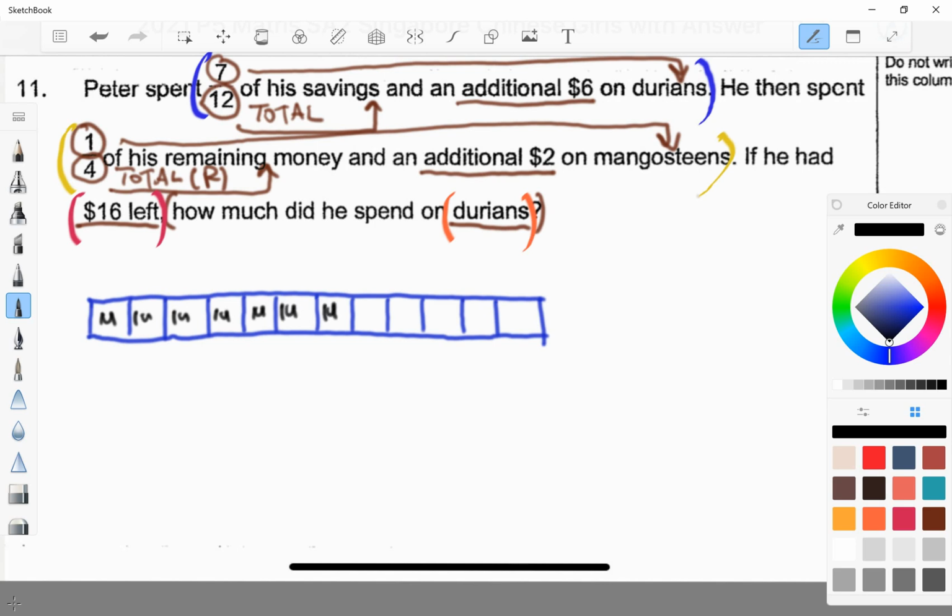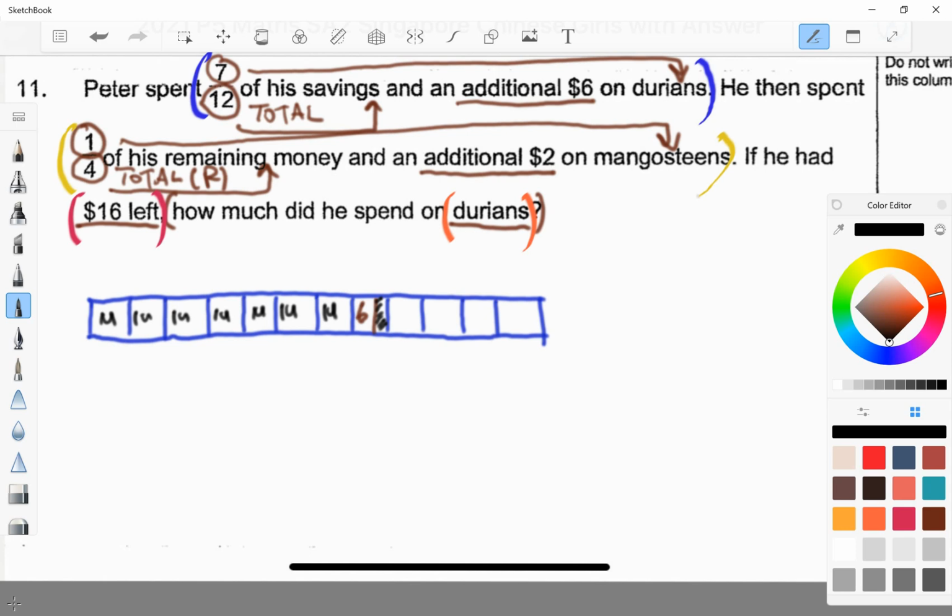And they told us additional $6. So the additional $6 has got to be portrayed in my model as well. As for the remaining amount, I will shade it up. So everyone can see clearly that the additional $6 with the shaded item represents 1 unit.